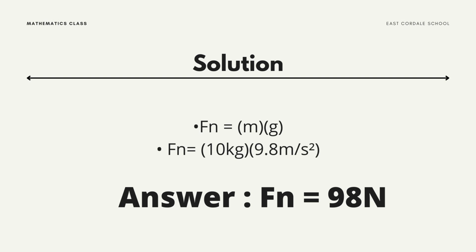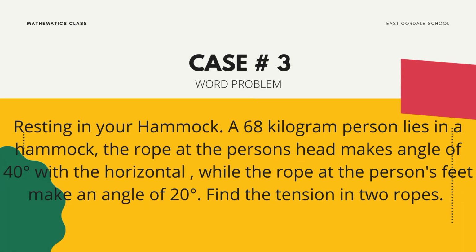Our formula is normal force equals mass multiplied by gravity. So normal force is equal to 10 kilograms multiplied by 9.8 meters per second squared. So the answer is the normal force exerted on the cat is 98 Newton.